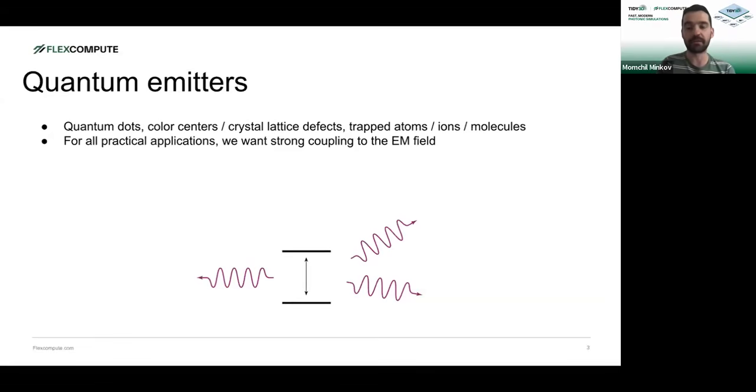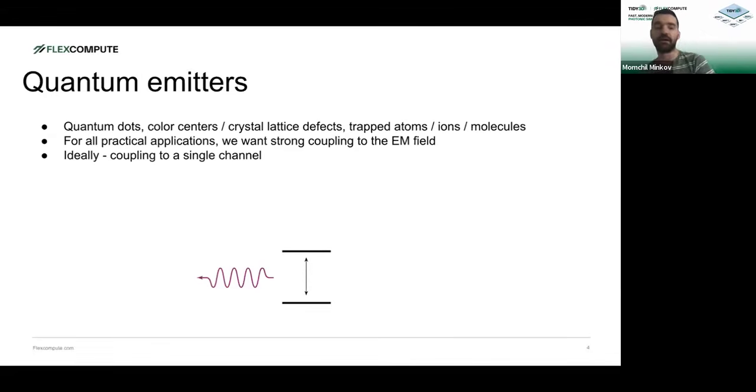Beyond just strong coupling to the EM field, ideally what we want is strong coupling to a single channel or to some very well controllable channels. It might not necessarily be a single channel, but we want the light to couple exactly into a channel, a waveguide, a fiber, or anything that we can control, so that we know we're not losing our photon somewhere.